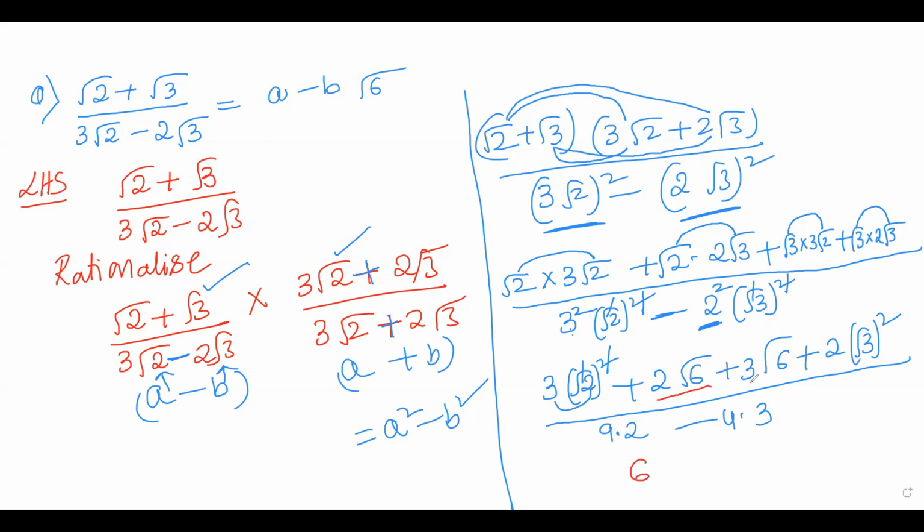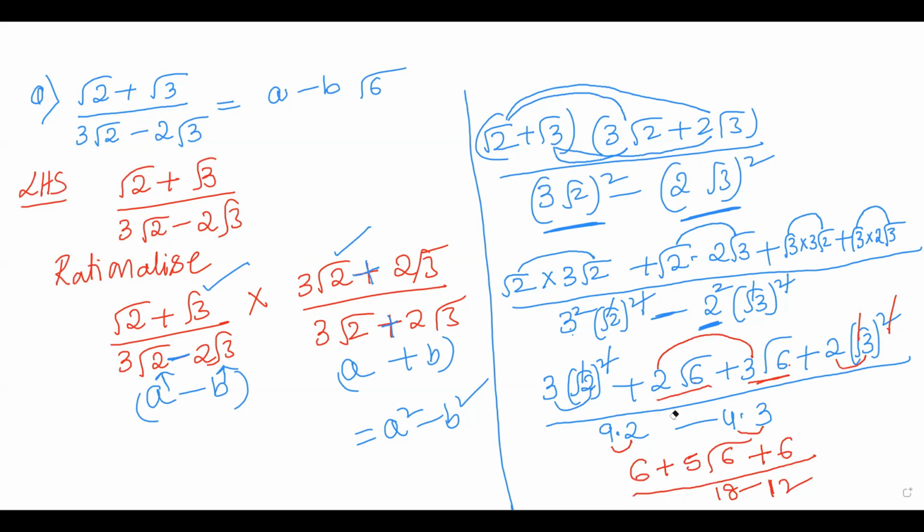Both are the same irrational, root 6, root 6. Add 2 plus 3, 5 root 6. Square and root cancel. 2 threes are how much? 6. 9 twos are 18. 4 threes are 12.